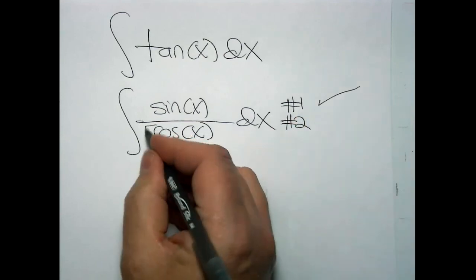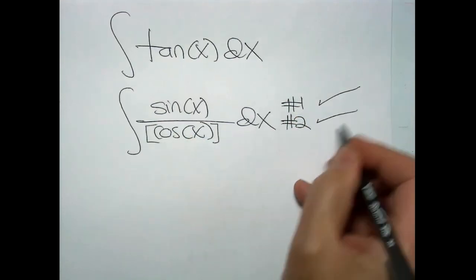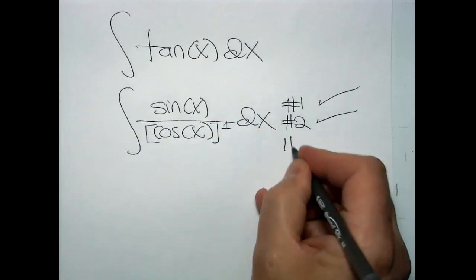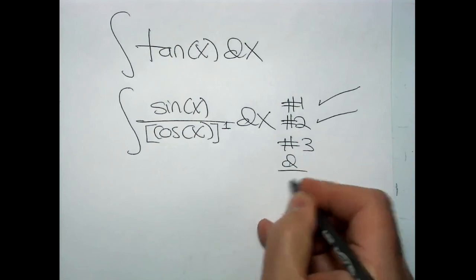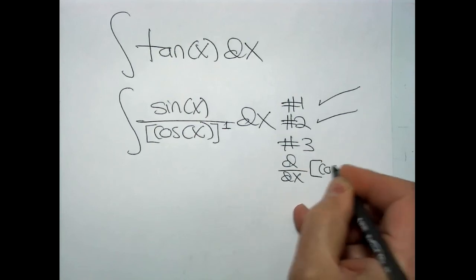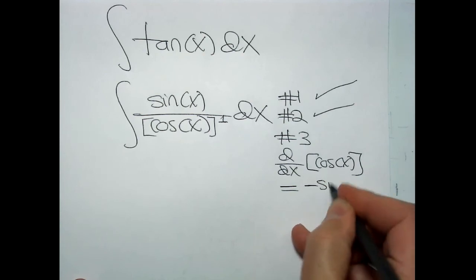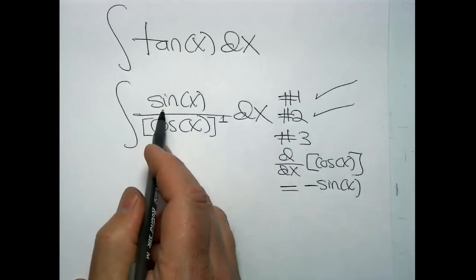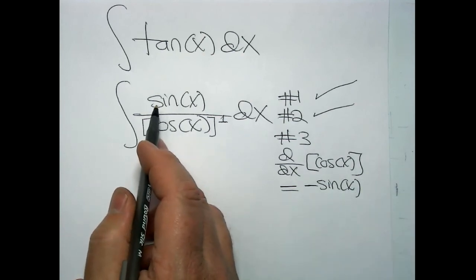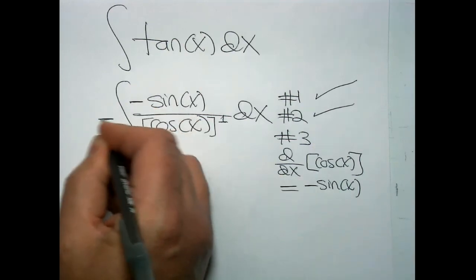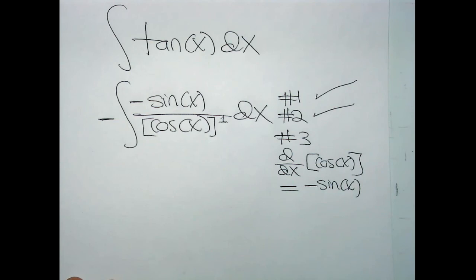Number two, the denominator is indeed to the 1 power. That's true. And number three, does the derivative of the bottom live on the top? Wow, close, isn't it? We can fix that, can't we? Put a minus here and a minus here. And now I can check number 3 off.